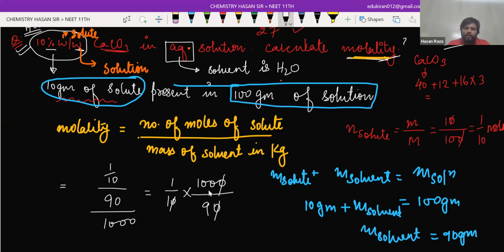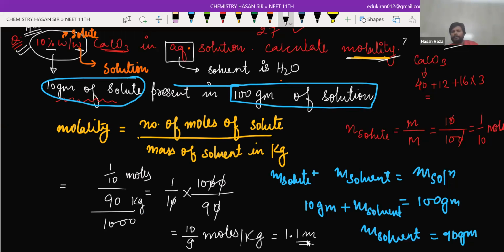The answer is 10 by 9 m, or moles per kg, because in the numerator you put moles and in the denominator kg. Is that clear, Kudeja, Akib and Rishita? Yes, sir.